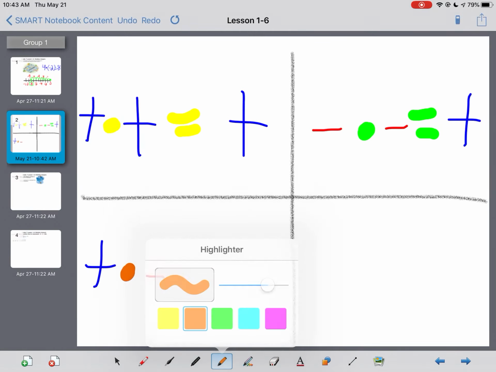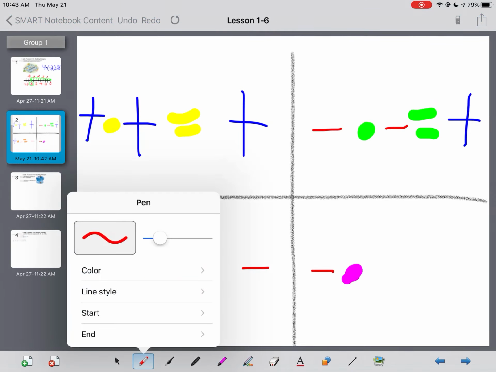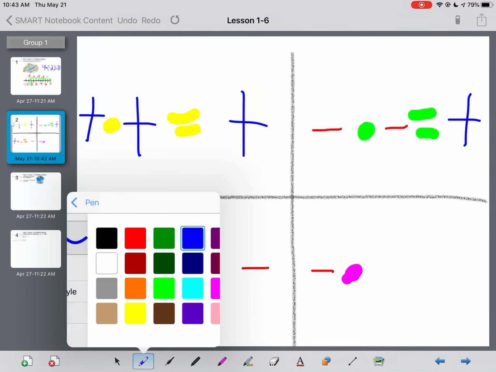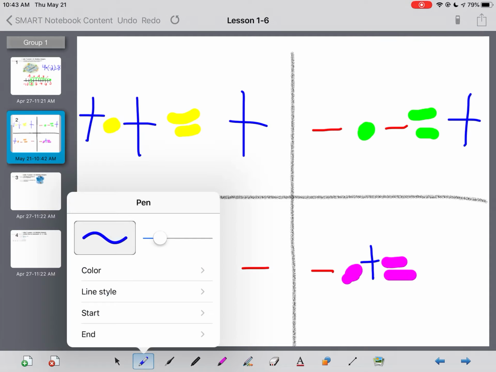So positive times a negative is a negative. And then last but not least, a negative times a positive, that is equal to a negative number.